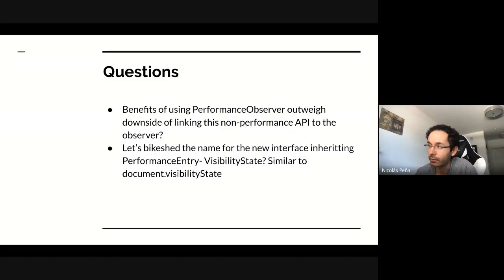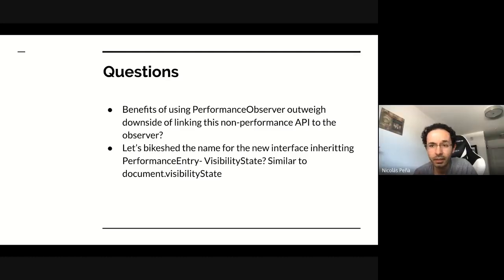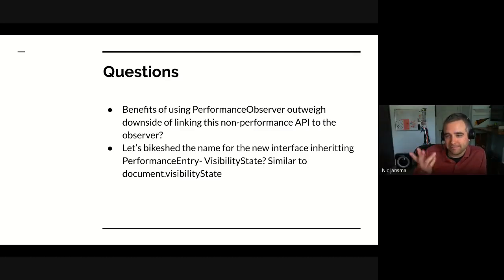Yeah, so for that, I didn't gather data yet on how many visibility state changes we see in a page. But some reasonable number, 20, 30, 50, something like that, entries.